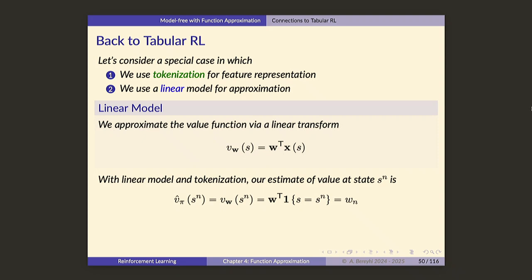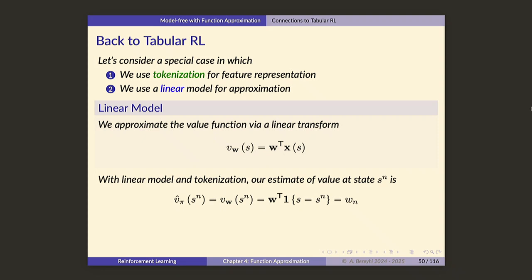So when you multiply, you end up with only the weight corresponding to that state. You have 100 different states and 100 different weights. When you want to represent your first state, you show 1 as the first entry and everybody else is 0. These weights get multiplied by this vector, only the first weight survives, and that comes out.